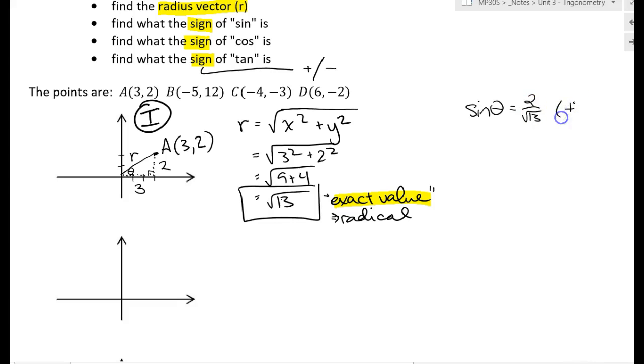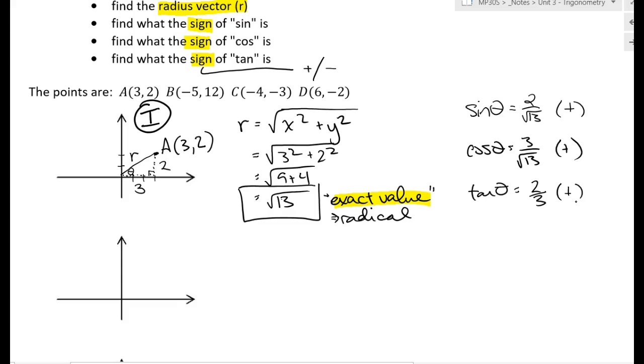It's positive. Cosine theta is going to be 3 over root 13. That is also positive. And tangent is going to be 2 over 3. Opposite over adjacent, not adjacent over opposite. And so we're going to get positive there as well.